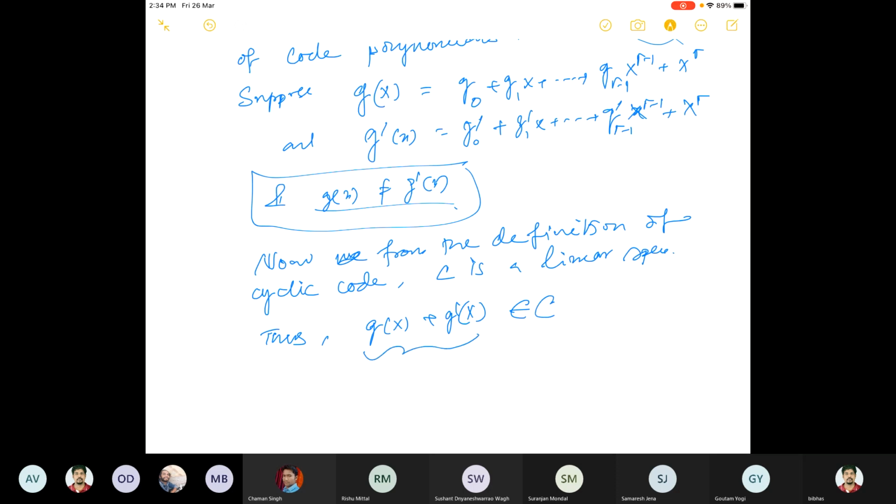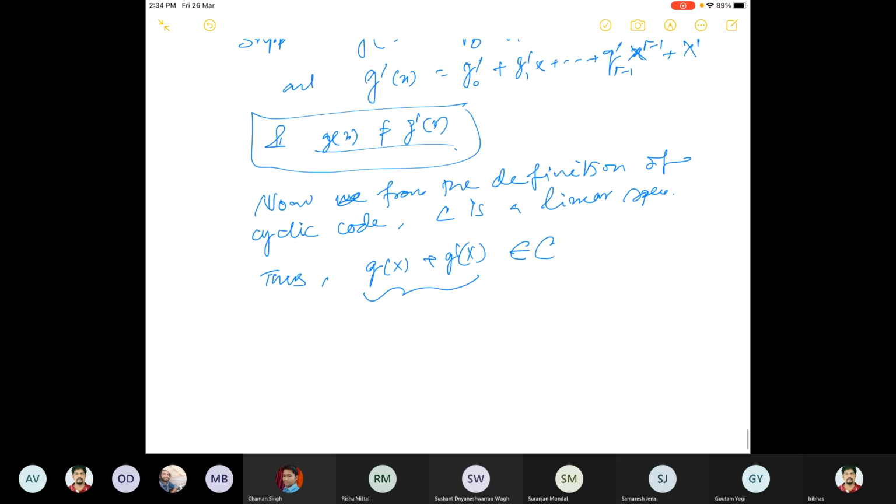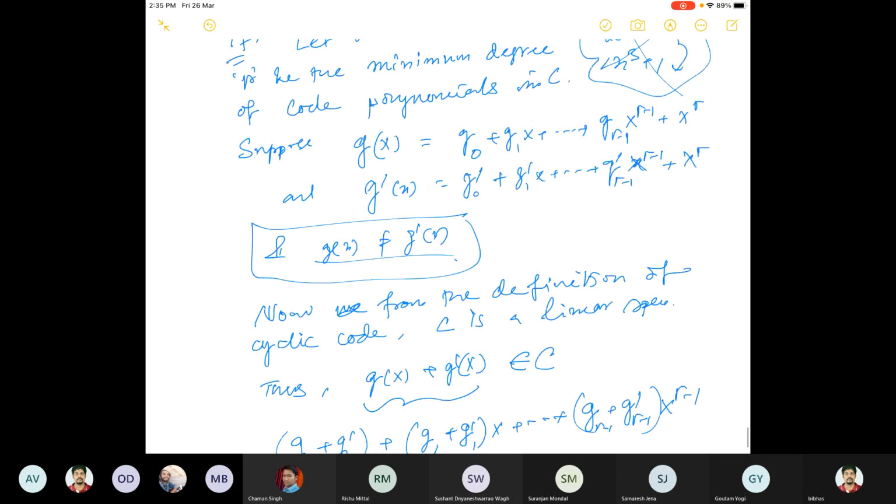But what is g(x) plus g'(x)? This is g0 plus g0' plus (g1 plus g1')x dot dot dot plus (g(r-1) plus g(r-1)')x to the power r minus 1 plus 0, because this is x to the power r plus x to the power r, which is 2x to the power r, but 2 means 0.